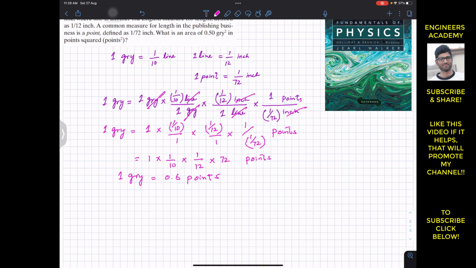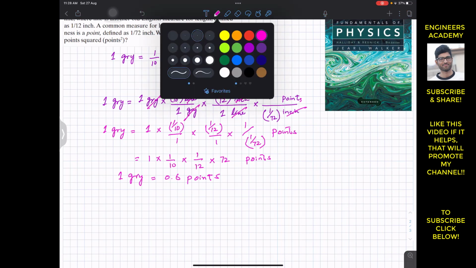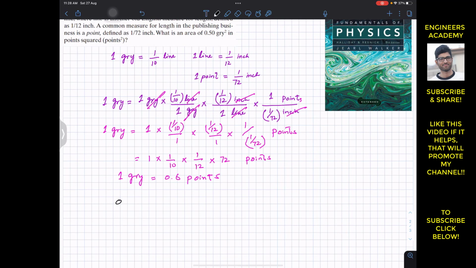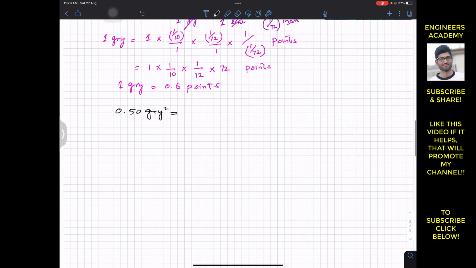So now we need to convert an area of 0.5 gray square. So we are given that 0.50 gray square is equal to, so we will write 0.50 gray squared.